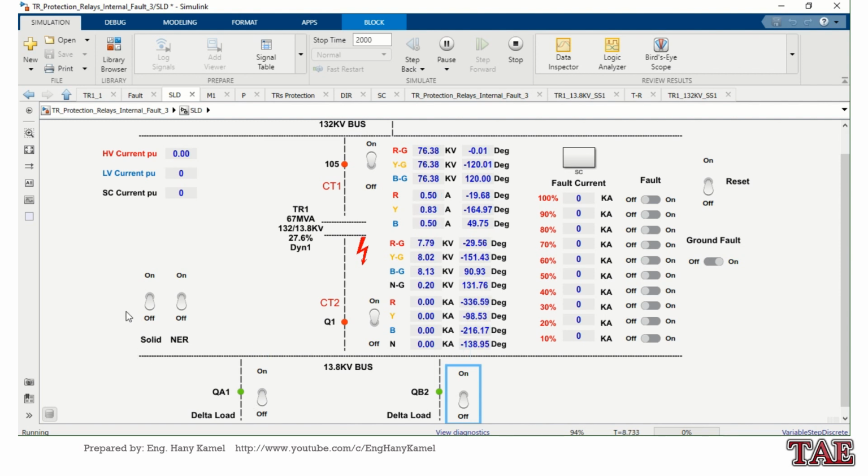Now I will start with an isolated system, meaning the neutral point is not grounded. For example, I will make a phase to ground fault in the full winding.